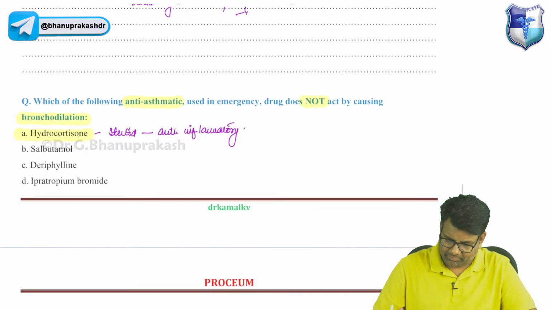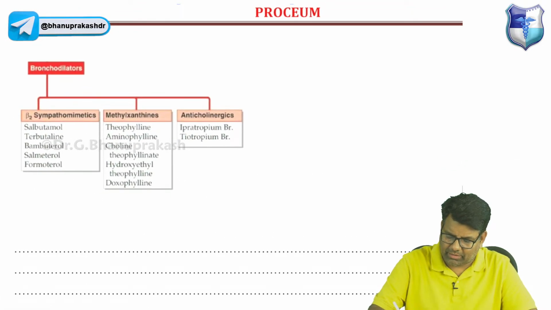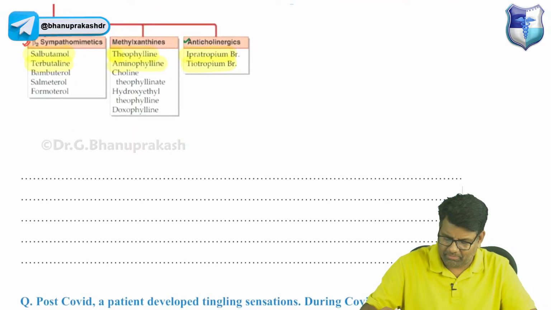So steroid. And if you take the classification for the bronchodilators, you can have anticholinergics, of course, principally ipratropium or tiotropium. Then you can have sympathomimetics like salbutamol, terbutaline, okay, and then you can have methylxanthines, namely theophylline or aminophylline.